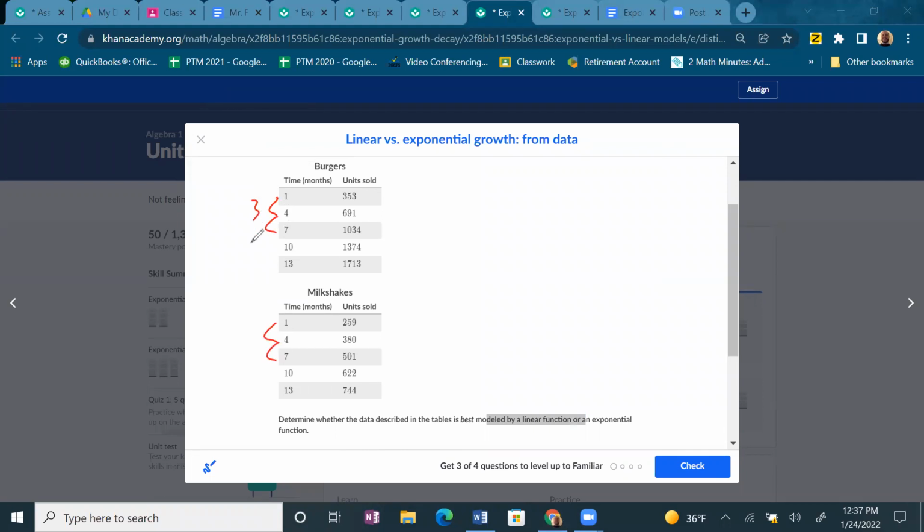It looks like it's plus 3 each time. That's good. Then we divide, and that is the exponential test. And the linear test would be to subtract.